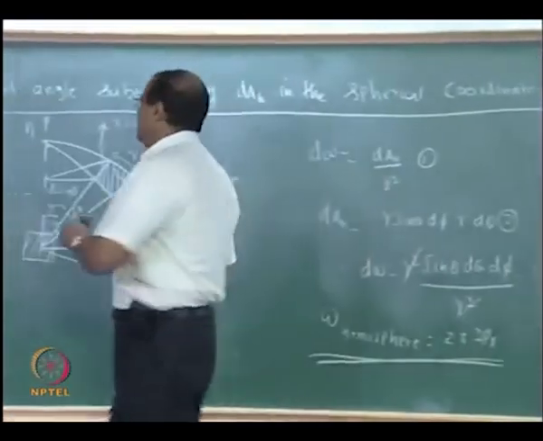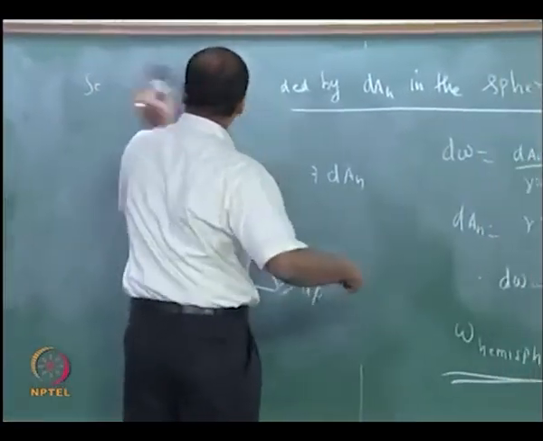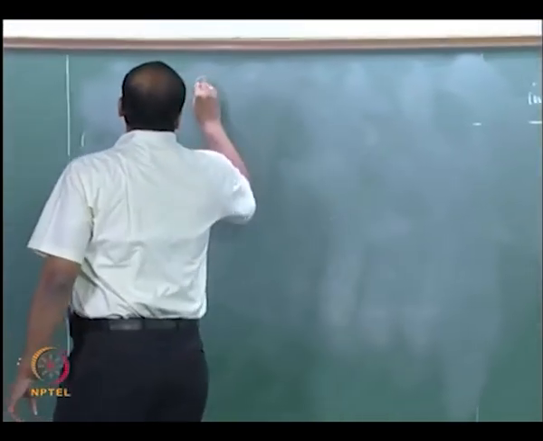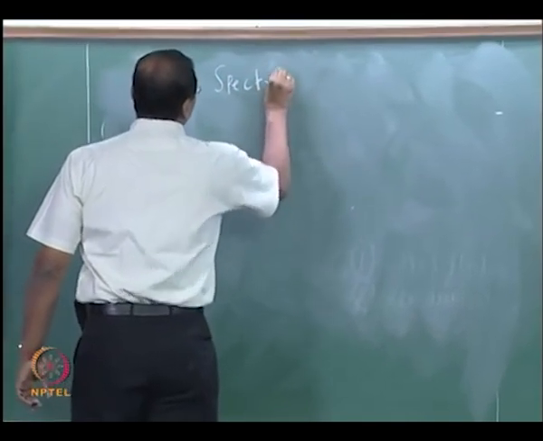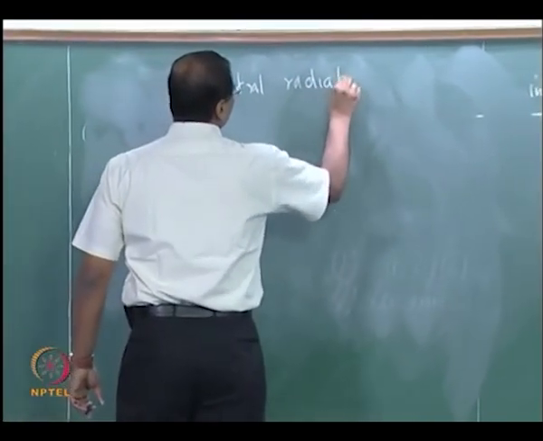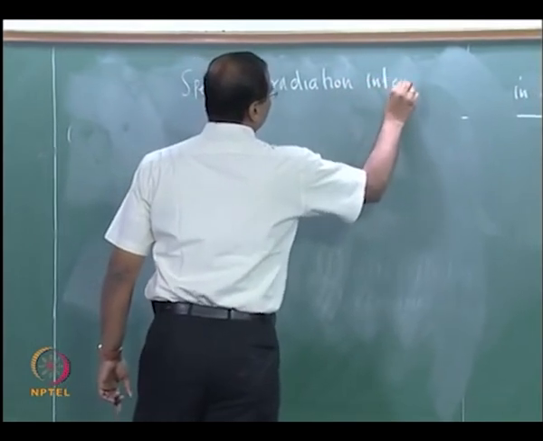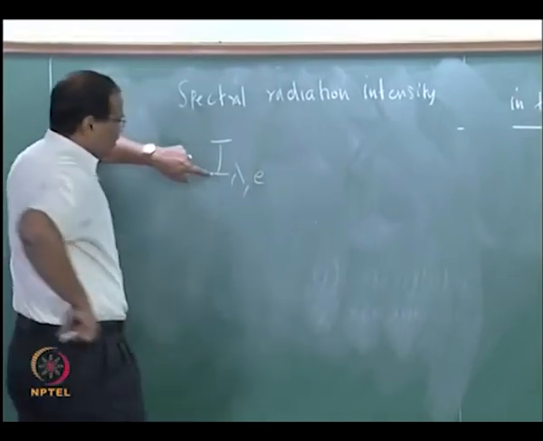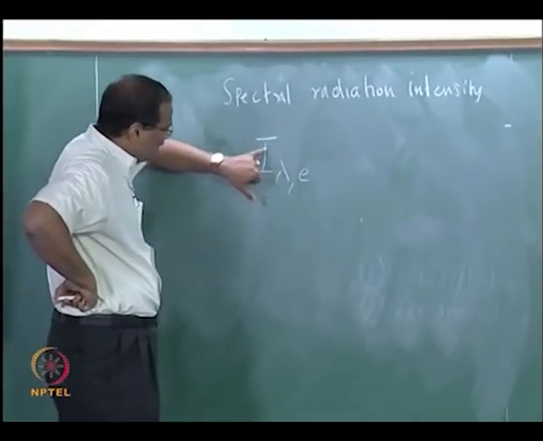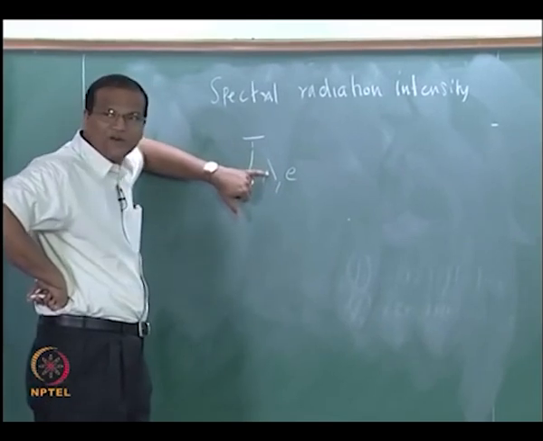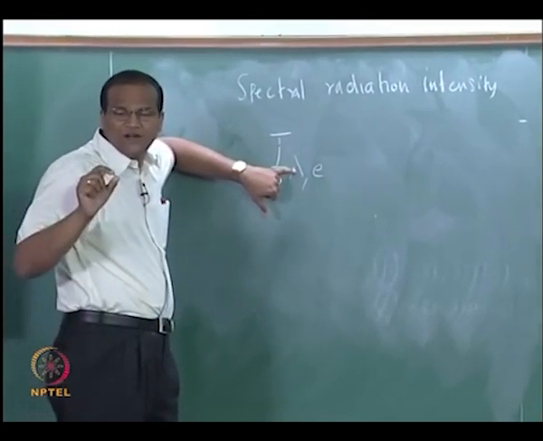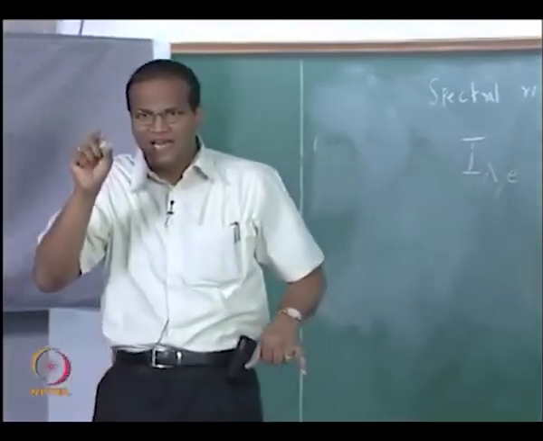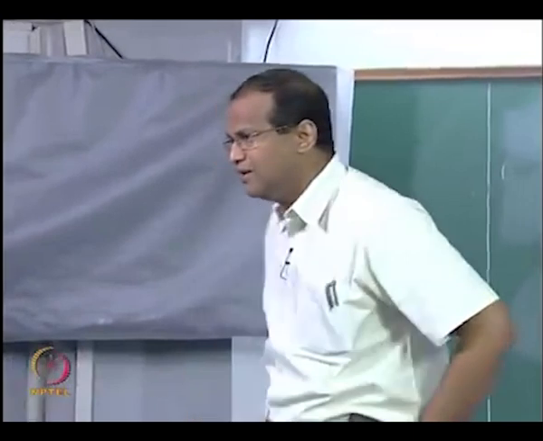So this becomes essential. Radiation intensity is given by I, the subscript lambda denotes that it is a spectral quantity, that it is concerning the radiation intensity in a small wavelength interval d lambda about lambda, that is why it is lambda.